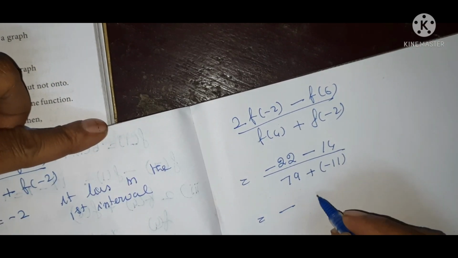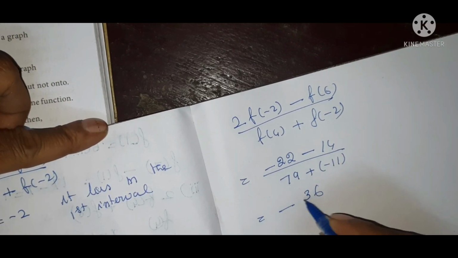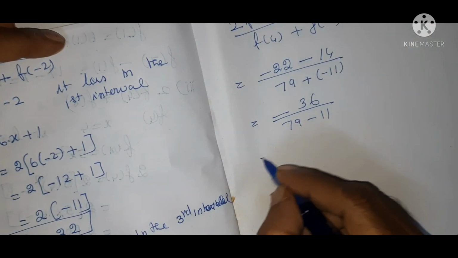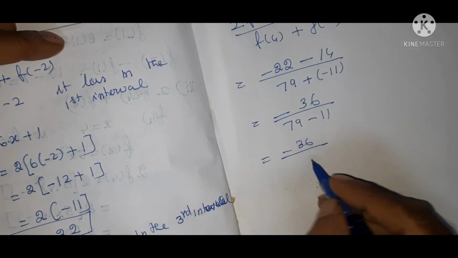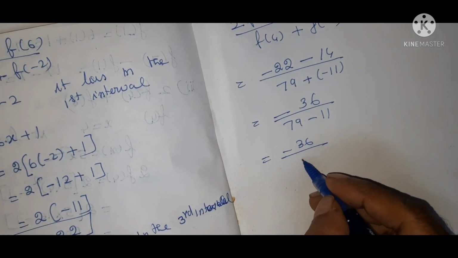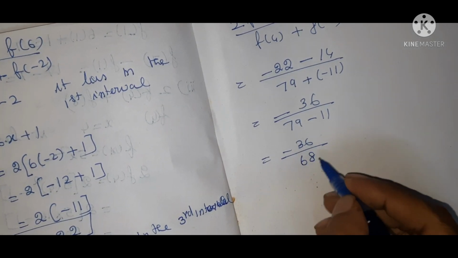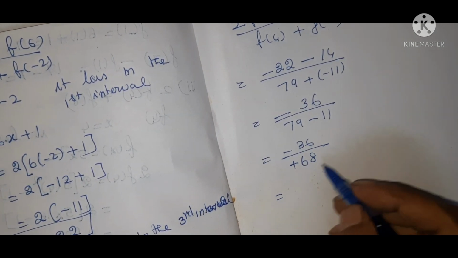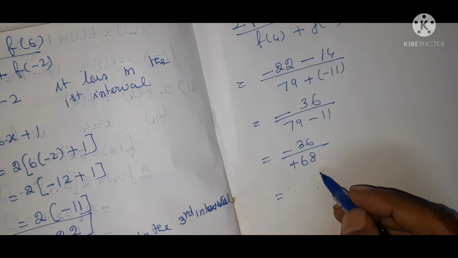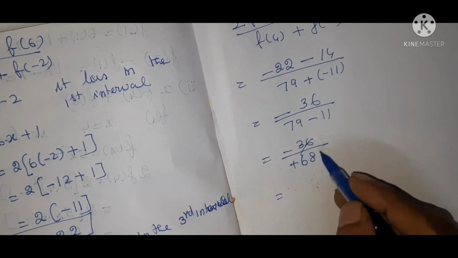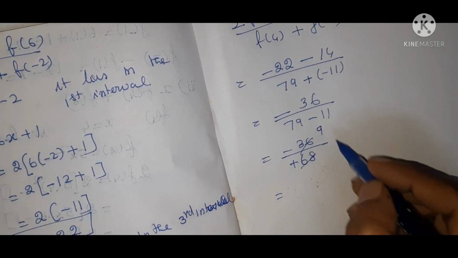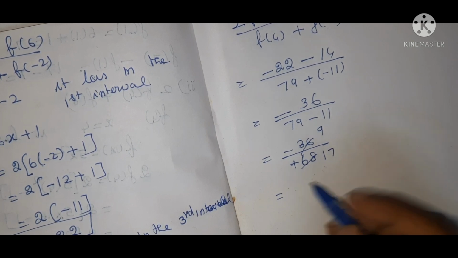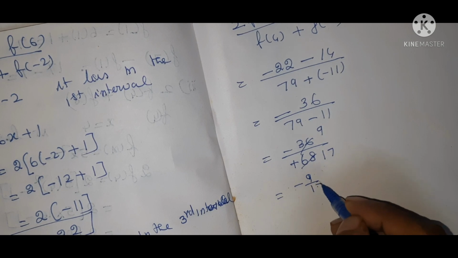Minus 36 by 79 minus 11, minus 36 by minus 68, so plus 68. Divided by 4, we get 17.